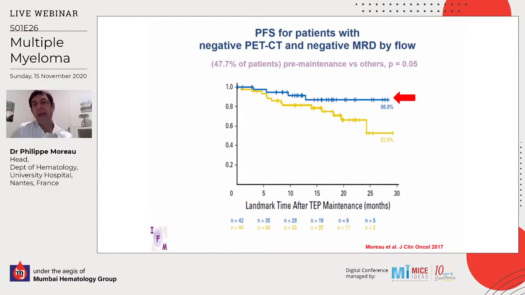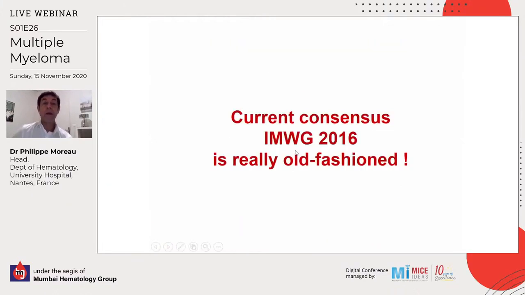So definitely it is good to be MRD negative within and outside the bone marrow, and definitely your outcome will be improved.